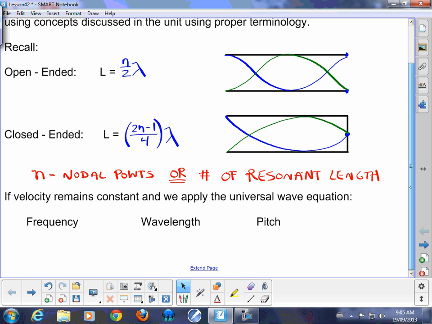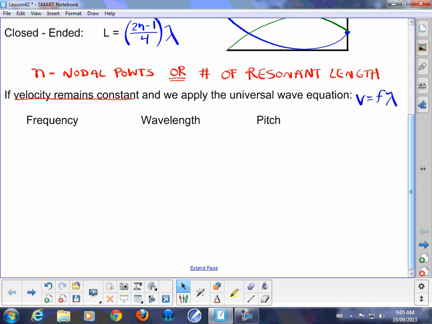All right, so if velocity remains constant, we're going to apply the universal wave equation, so v equals f lambda. If velocity remains constant here, then what happens to everything else? Well, we have two options for frequency.